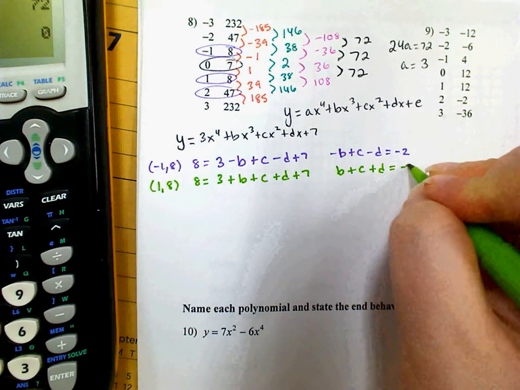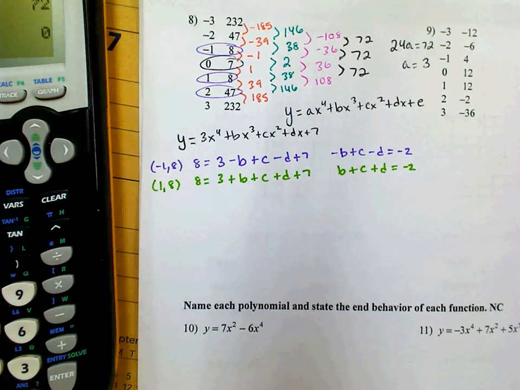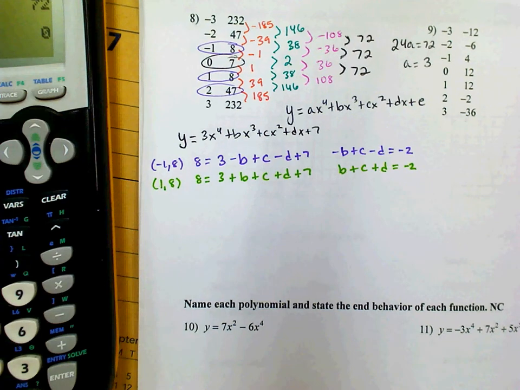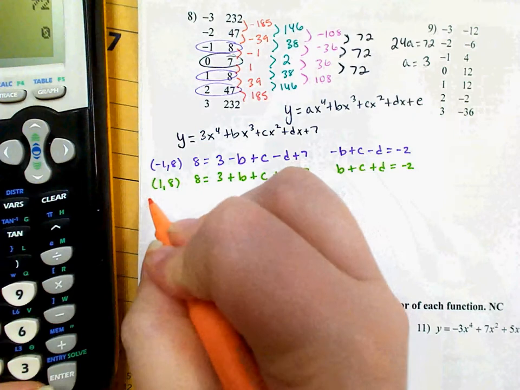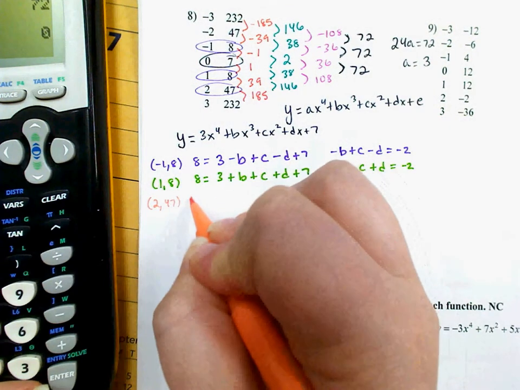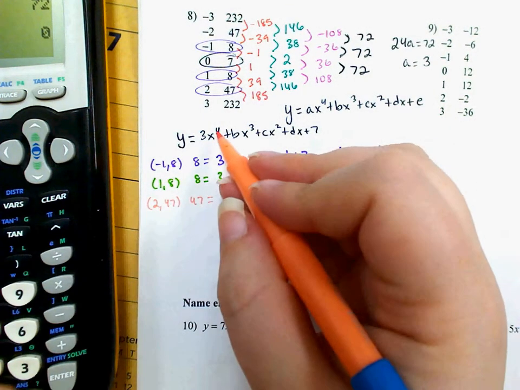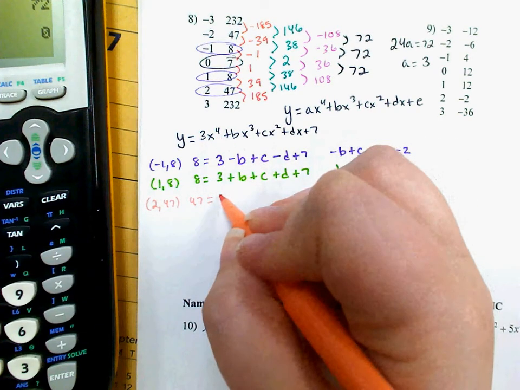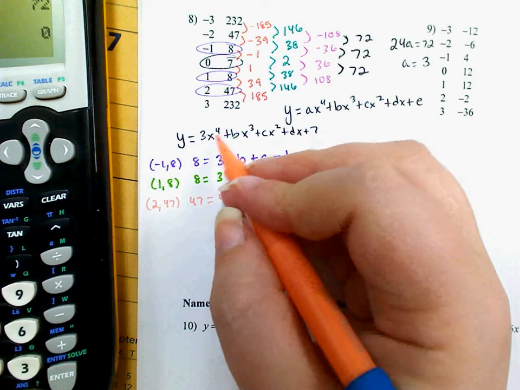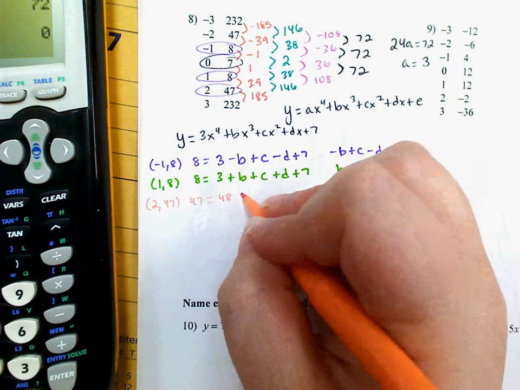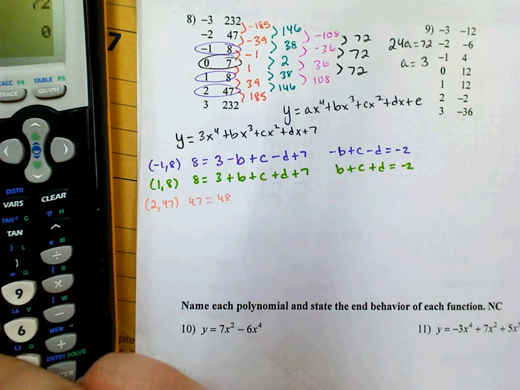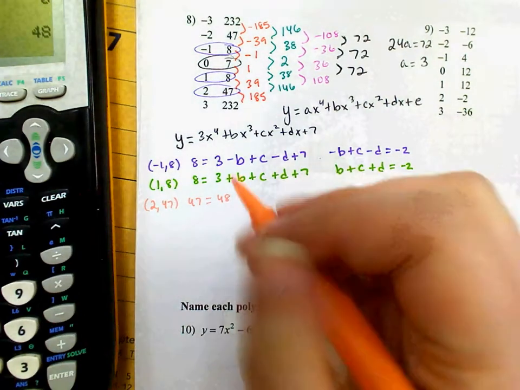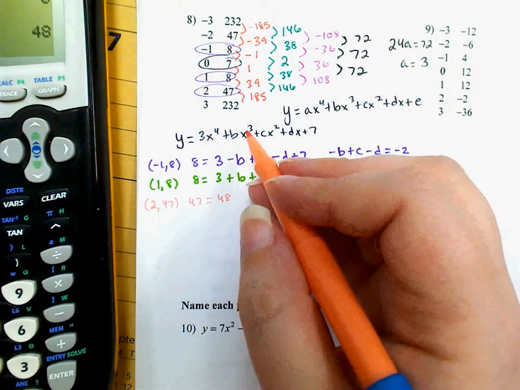Alright, one more. We're going to use the point 2, 47, so 47 is y and x is 2. 2 to the fourth is 16, and 16 times 3 is 48. So I've got 3 times 2 to the fourth, which is 48. 2 cubed is 8, so plus 8b. 2 squared is 4, so plus 4c.